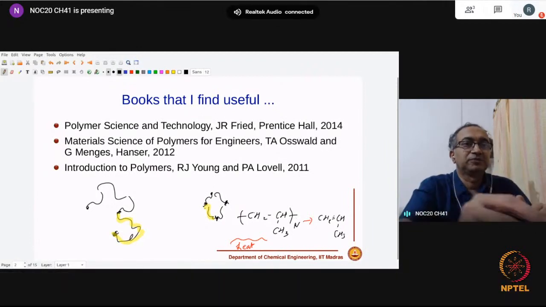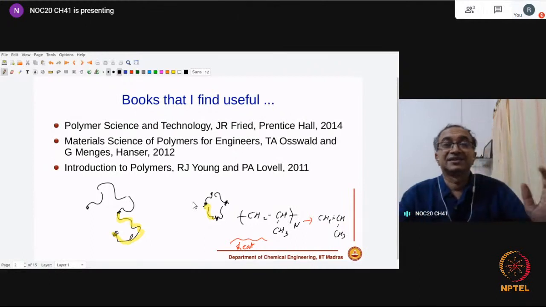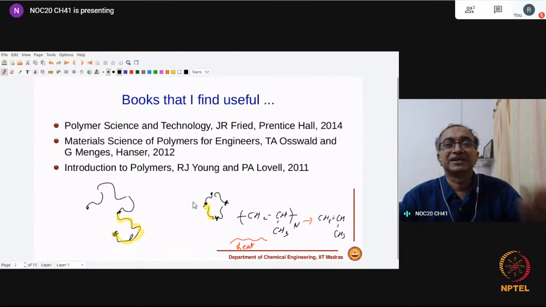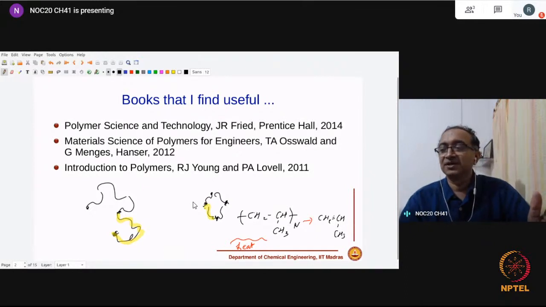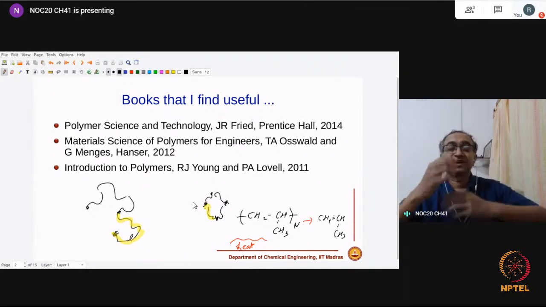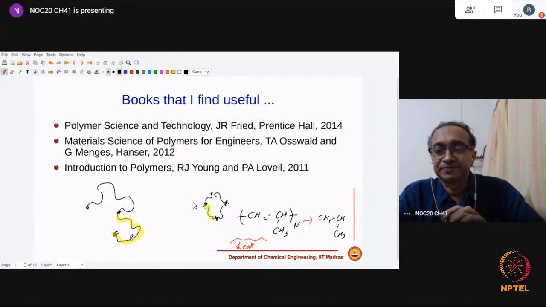So that's why depolymerization is desirable, in the sense, it's an ideal world scenario where you say that I take a monomer, form a polymer. Once the application is over, I'll again depolymerize, get the monomer back. But it's not easy, and that's why for many of the polymers, depolymerization is still something we are trying to evolve strategies for.